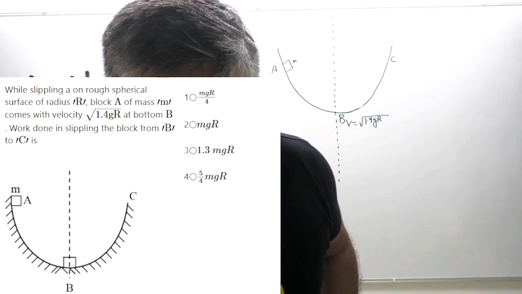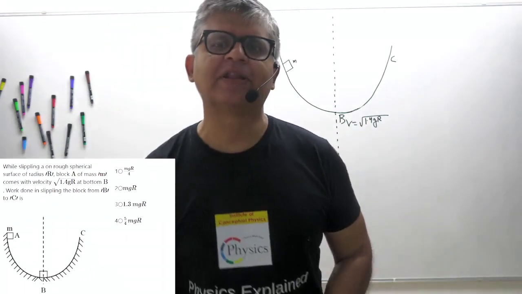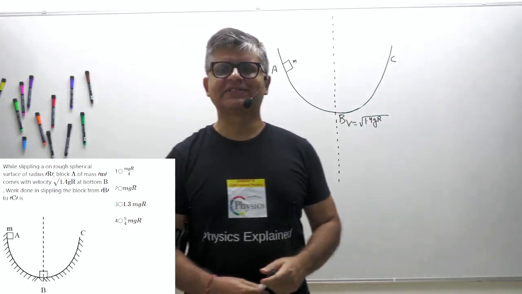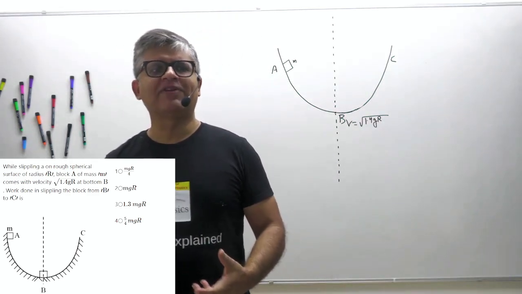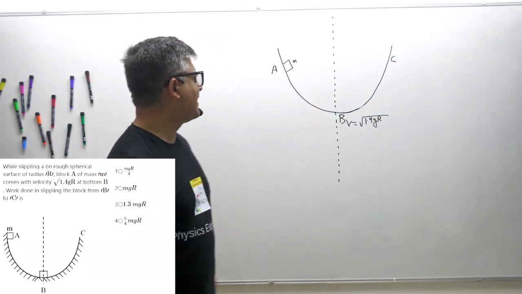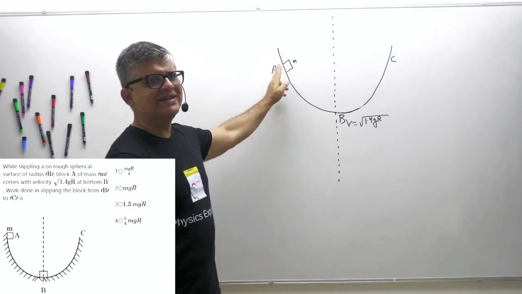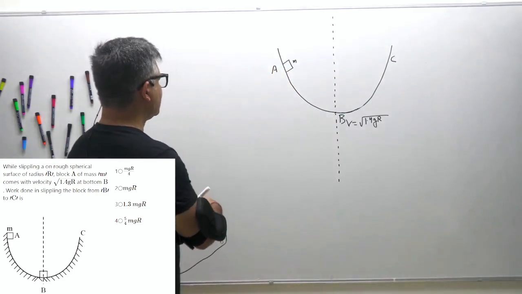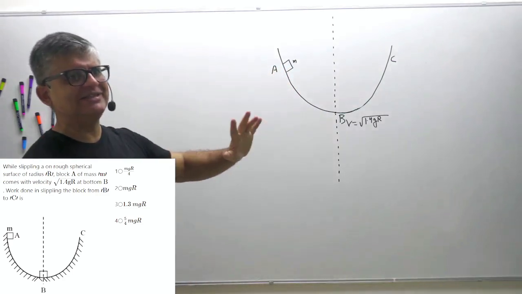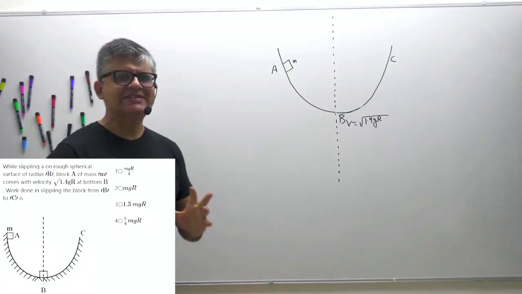Okay, let's discuss this question. I hope the situation is clear. The data is available to you. What are the various thoughts that come to your mind when you want to solve a question like this? What comes to my mind is that obviously there is friction involved which resulted in loss of energy. So the loss of energy from here to here, we have to find it, which is dissipative work.